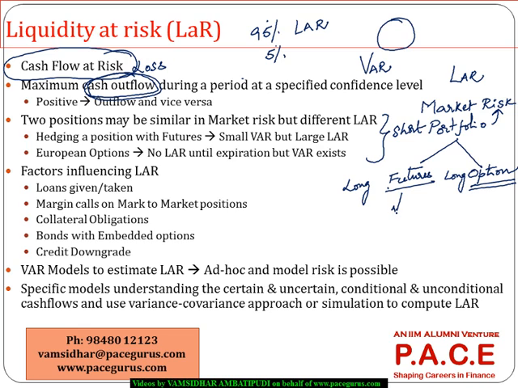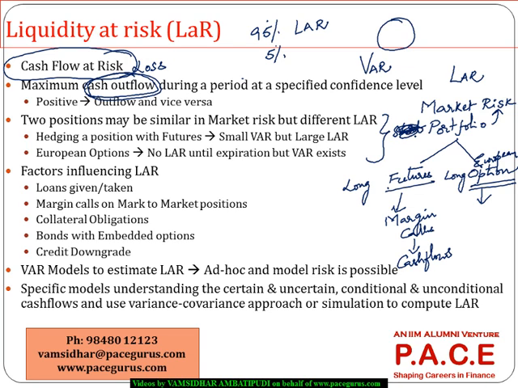Here there might be a possibility that I might be exposed more and more to margin calls, which means some kind of intermediate cash flow problems could be there. Whereas here I may not be exposed to any margin call. Let's say we are talking about a European call, a European option. I'm not exposed to any kind of margin calls here.